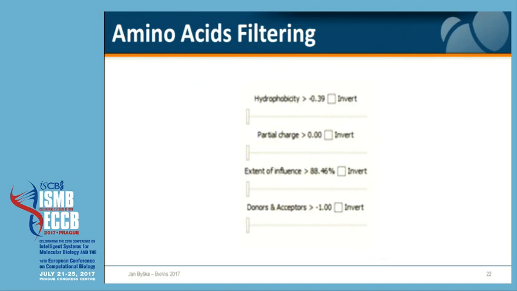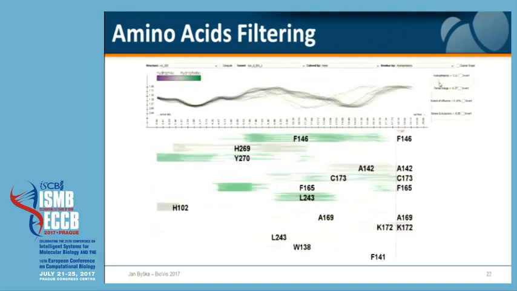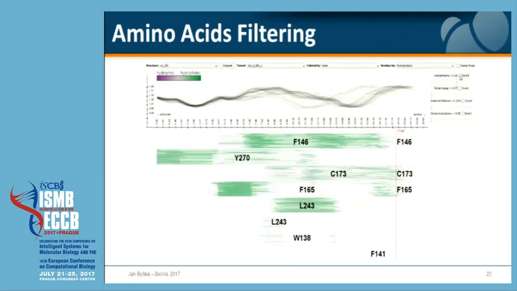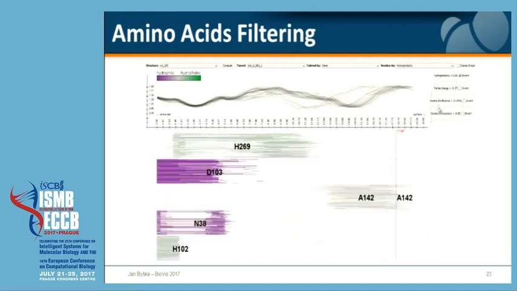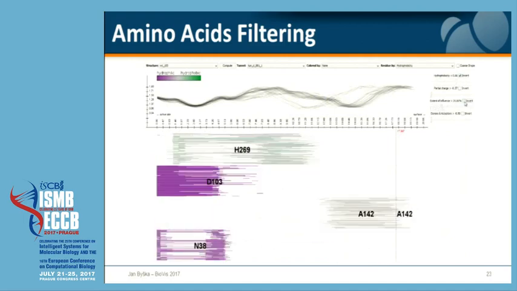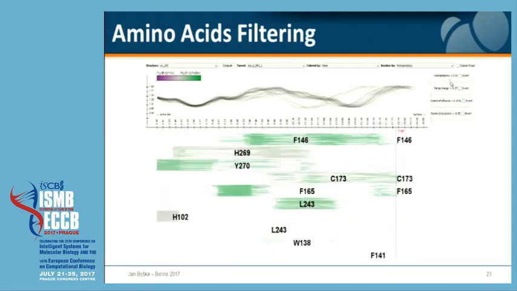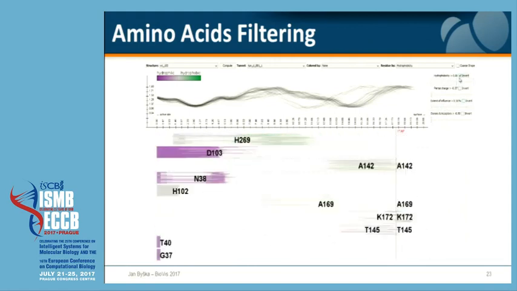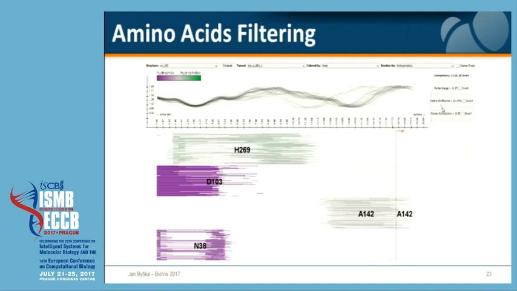The biochemist can basically apply 4 different thresholds for 4 different biochemical properties in the data set. And the resulting filter is actually a combination of these criteria. The biochemist can easily also invert the thresholds in order to filter out the amino acids below or above the selected value.